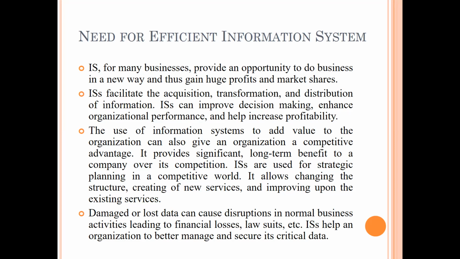Why? Because their systems are more efficient. Damaged or lost data can cause disruptions in normal business activities, leading to financial losses, lawsuits, etc. So an information system can help an organization to better manage and secure its critical data.